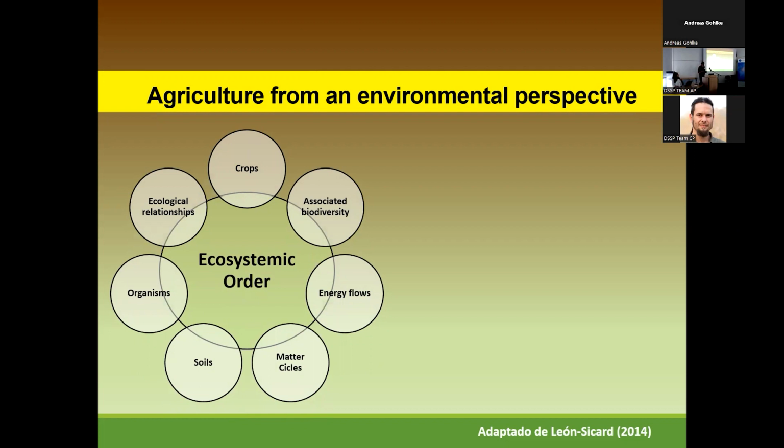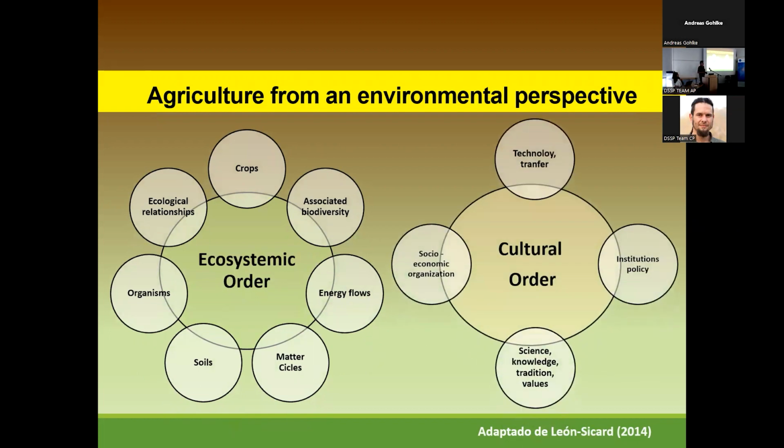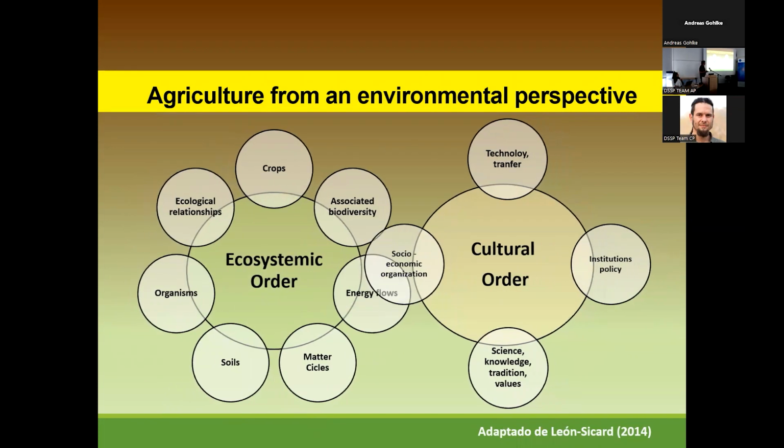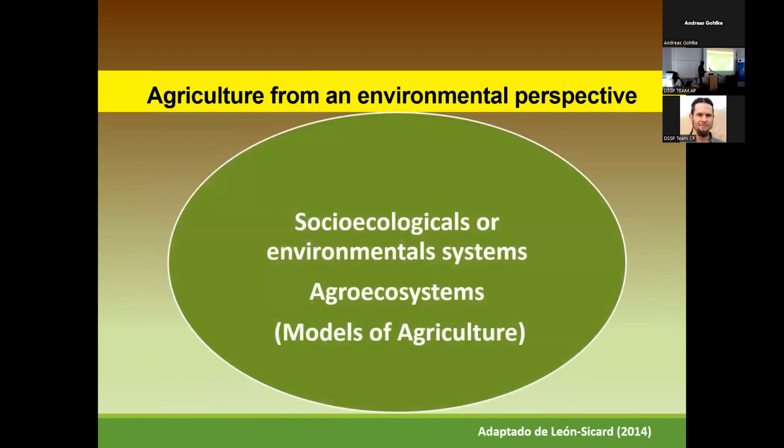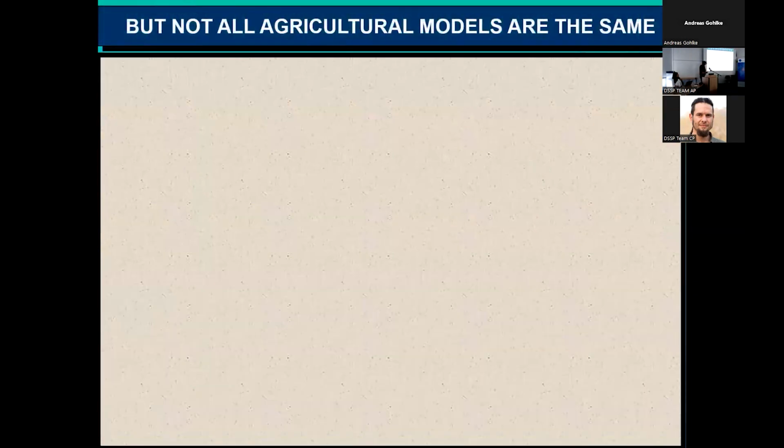It is also the cultural order. And when these two orders become one, we have a kind of socio-ecological or environmental system named agroecosystem. And the agroecosystems are the base of models of agriculture, but not all agricultural models are the same.